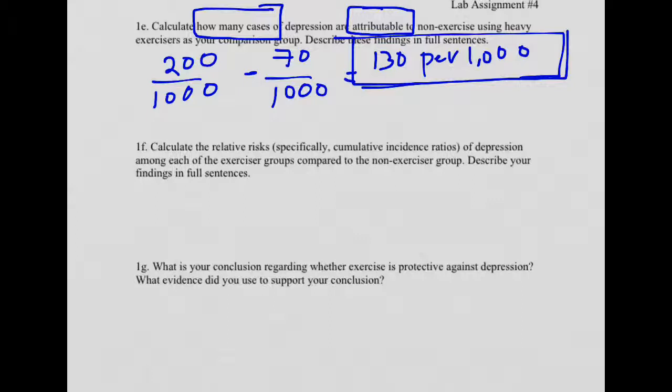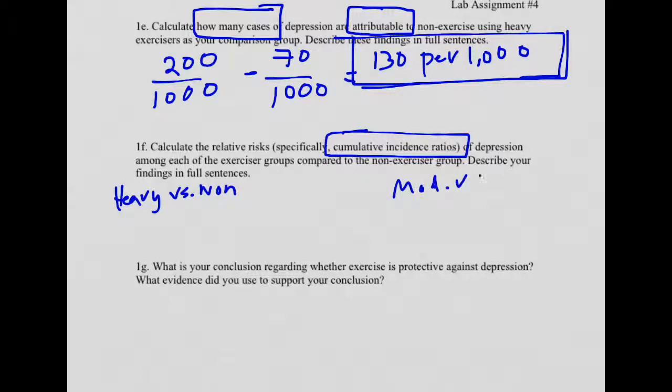Okay, and then it's asking, calculate the relative risks, and specifically cumulative incidence ratios, because from these data we can calculate the cumulative incidence of depression among each of the exerciser groups compared to the non-exerciser group. So here we're going to end up with two measures of relative risk, right? We've got our heavy versus non, and then our moderate versus non.